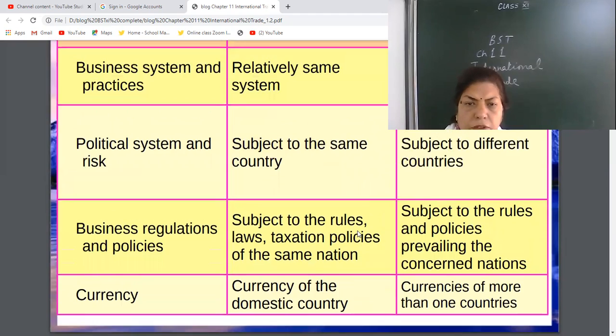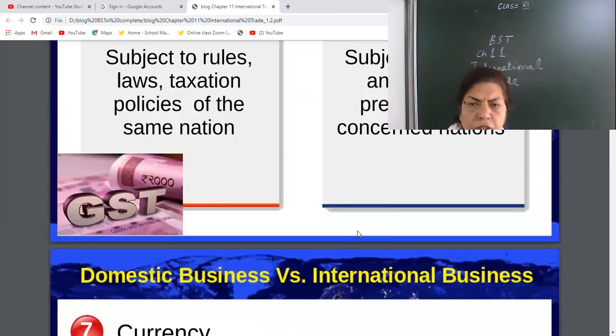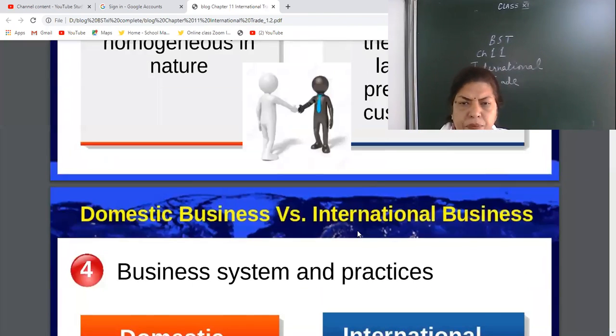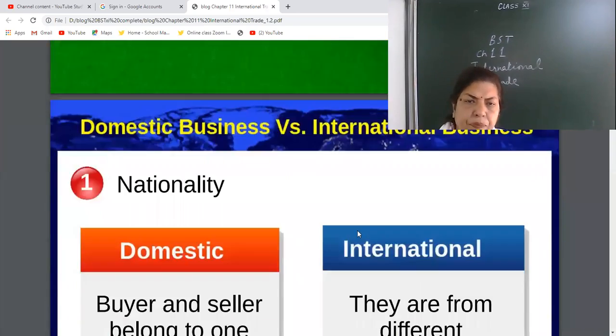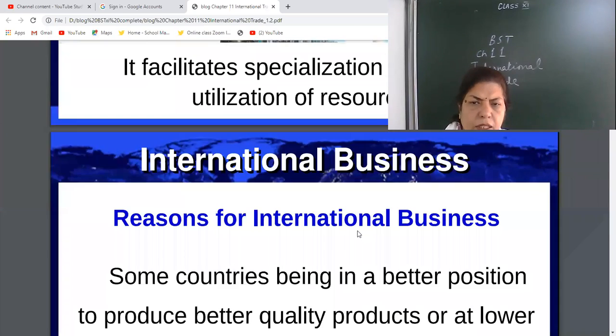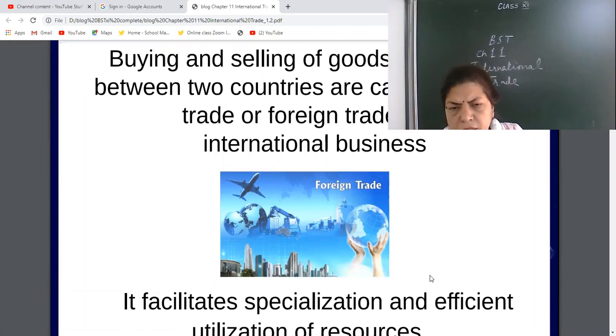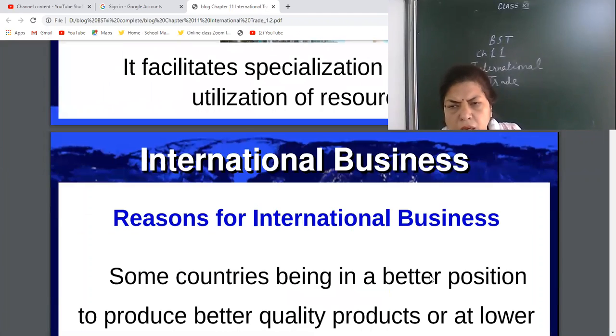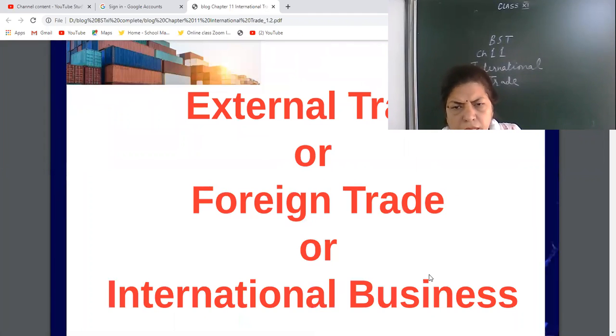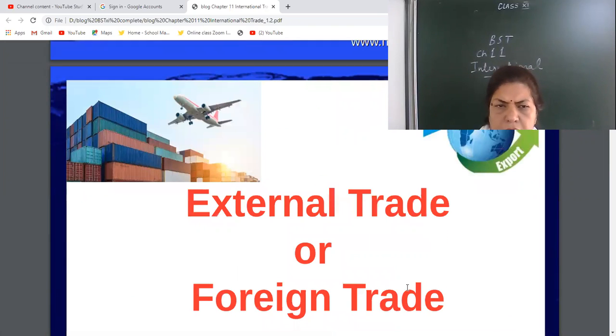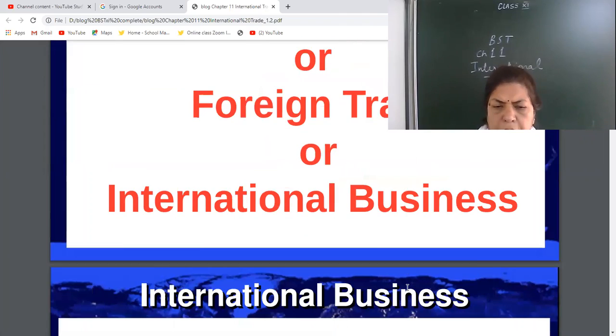Okay, so today we completed the meaning of international business. This is international business, buying and selling between two countries. It is known as external trade, foreign trade or international business. This is today's topic.